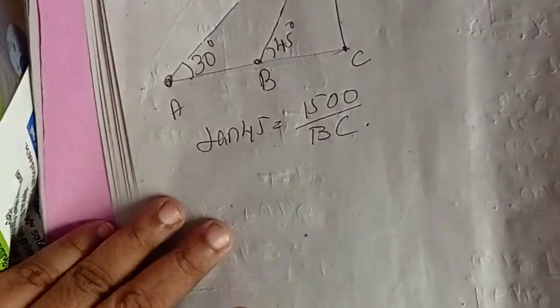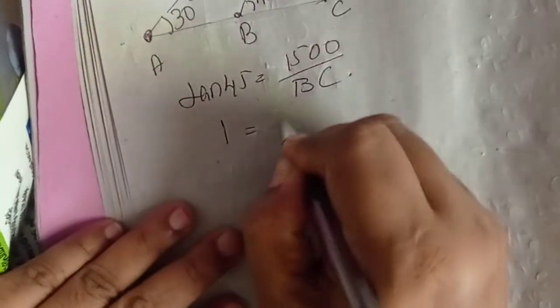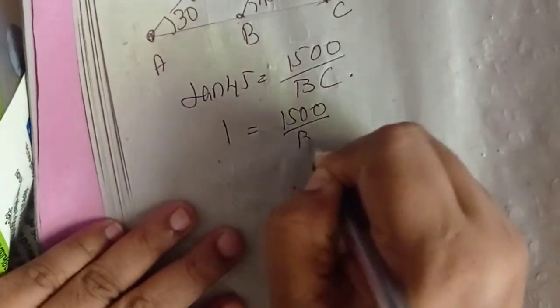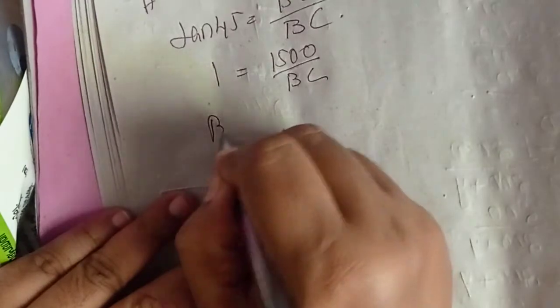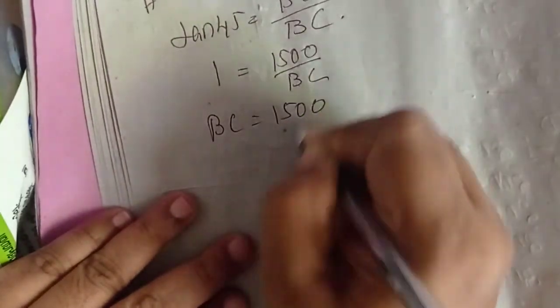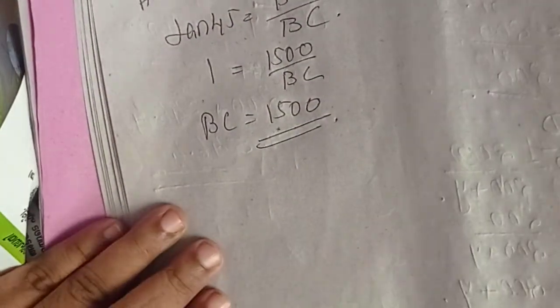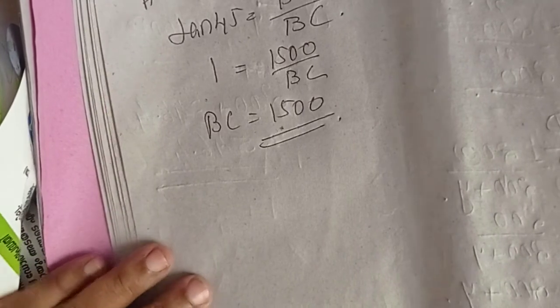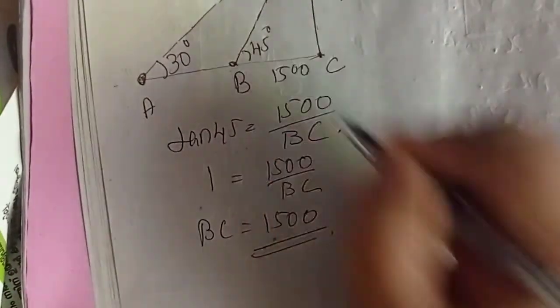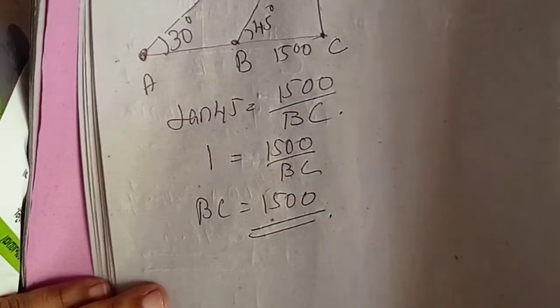Anyway, you write, 1 is equal to 1500 by BC, or BC is equal to 1500. Agree? BC is equal to 1500. You can mark here 1500.